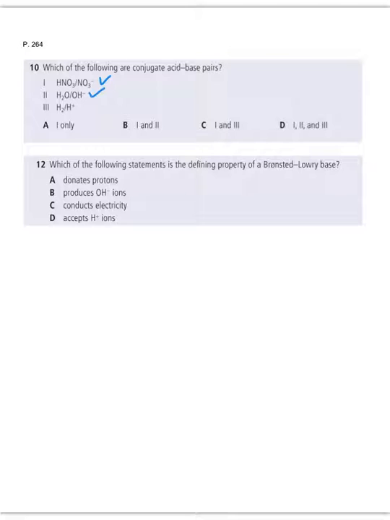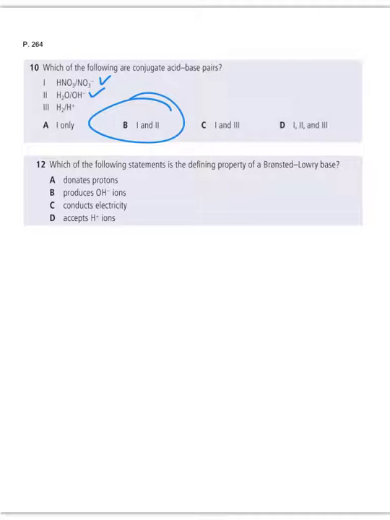And then H2 and H plus, that is not a conjugate acid-base pair. It's a little bit tricky because it appears like it could function as an acid-base pair, but the reality is H2 doesn't readily dissolve in water and donate a hydrogen. So even though it looks like on paper it would be possible, it doesn't occur. So B is the only choice there, or is the correct choice, I should say.